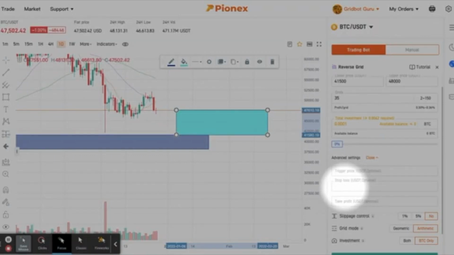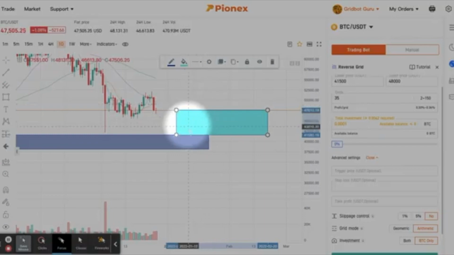But what will end up happening is it changes everything you had in the USDT over to the coin. So the idea and the theory is, if it does wick down to this 41.5 and then come back up, it'll keep all your investment at around 41.5 or whatever it averages out to be.